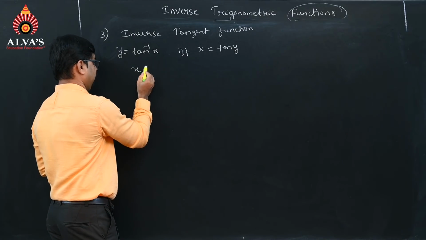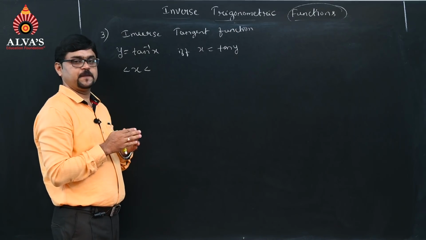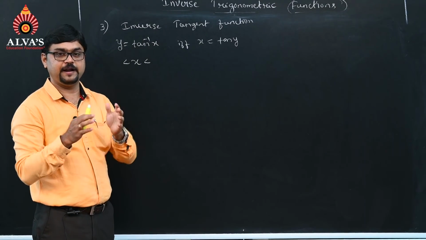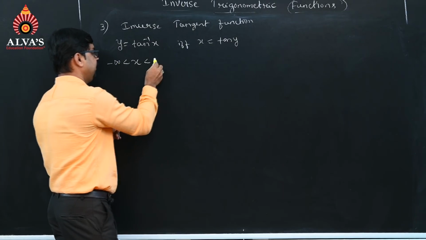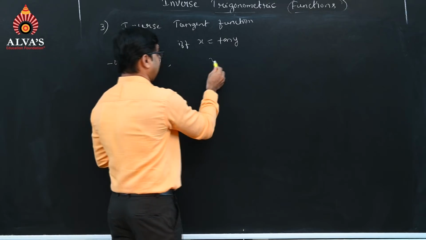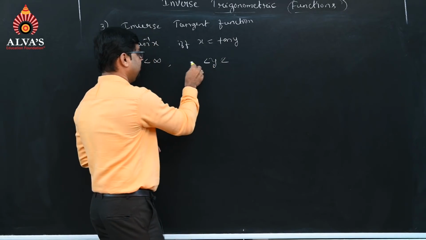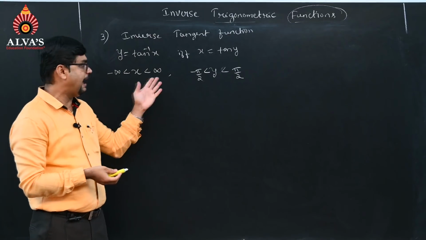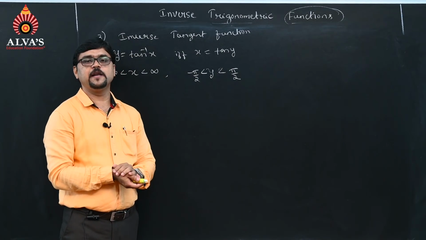Remember, in trigonometry the domain of the tan function was R minus (2n plus 1) pi by 2 and the range is the real numbers. Now that range becomes the domain here, so minus infinity to plus infinity, or else we can say the set of all real numbers. Here we have to take the open interval minus pi by 2 to plus pi by 2, as you know that tan pi by 2 cannot be defined, so we have to take the open interval.